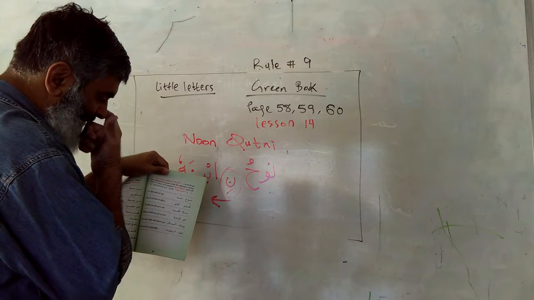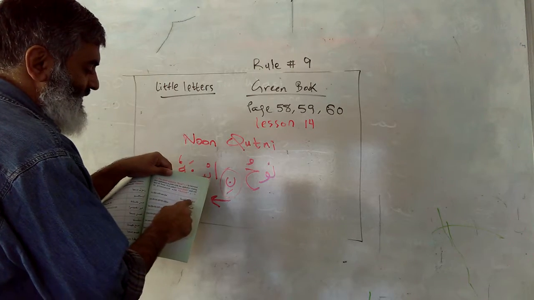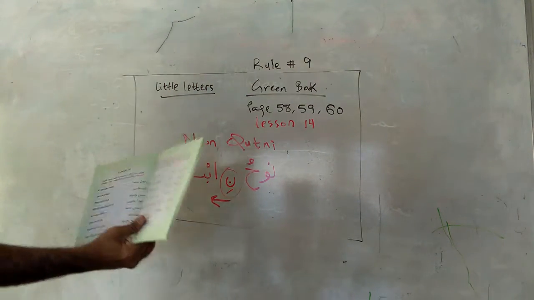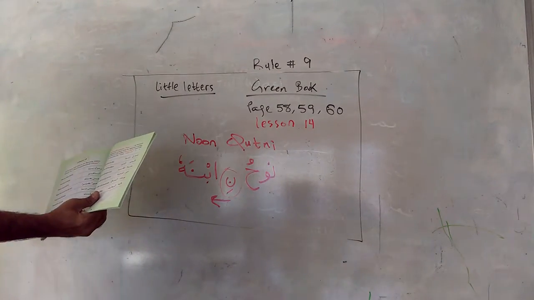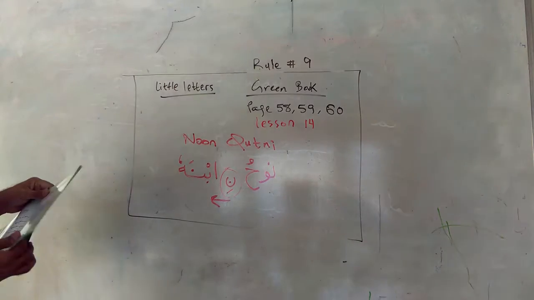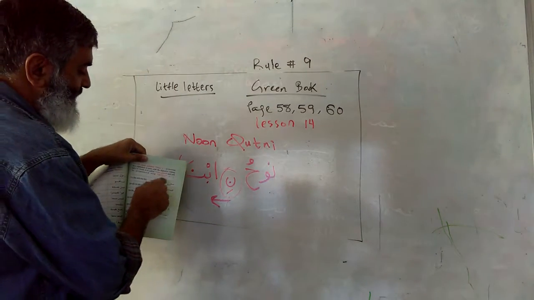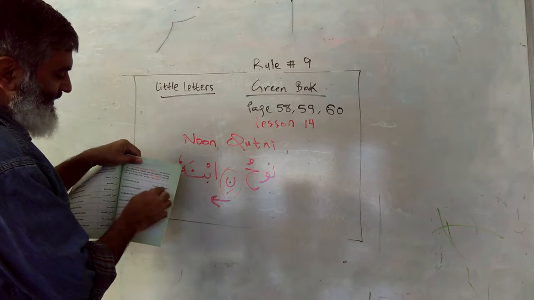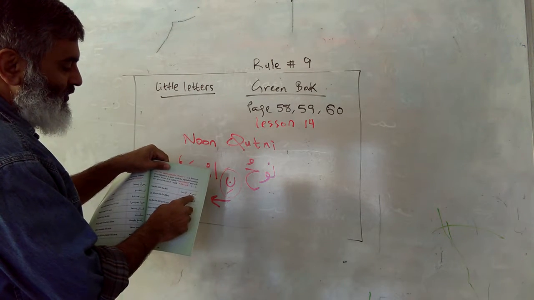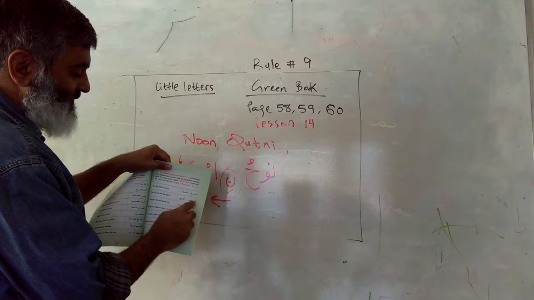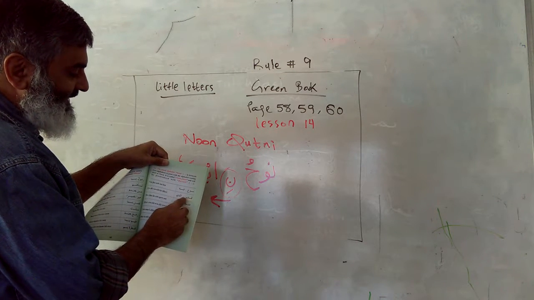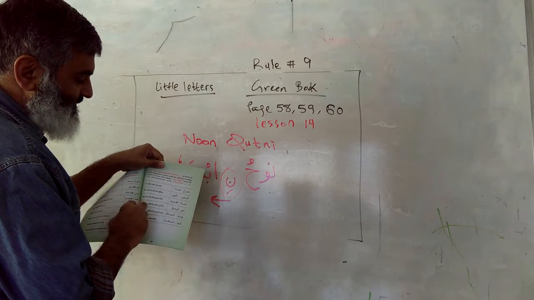You can try with the audio file. So whenever this rule comes, you will have to join the noon with the next letter. This becomes nuhu nibnahu, qadiru nilladhi.